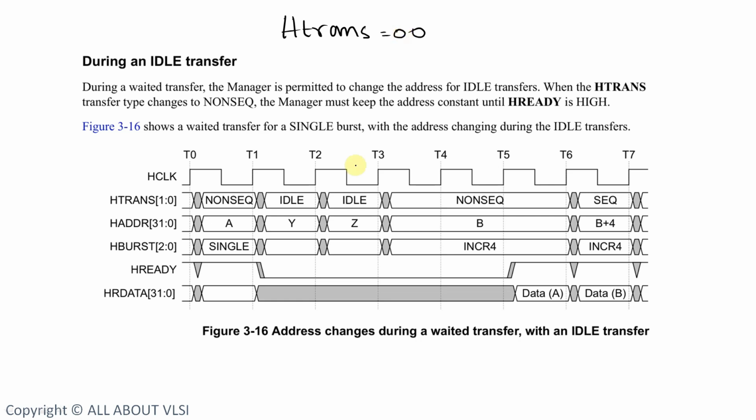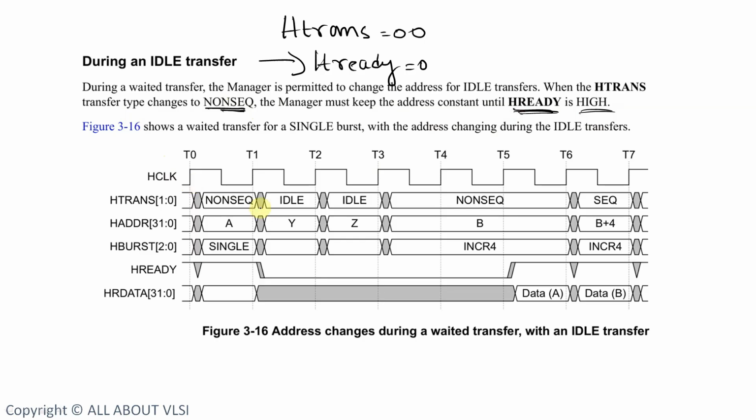During a waited transfer, the manager is permitted to change the address from idle transfers. When the HTRANS type changes to nonsequential, the manager must keep the address constant until HREADY is high.